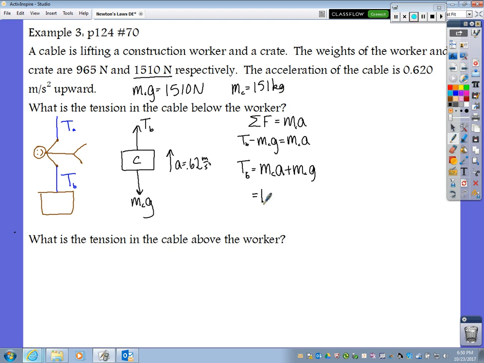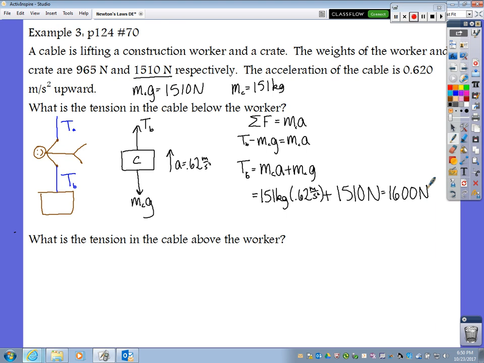So this is 151 kilograms times the acceleration 0.62 meters per second squared, plus mg, we're given here 1510 newtons. So I'm going to plug that in my calculator. And I'm getting, I need 3 sig figs, 1600 newtons.